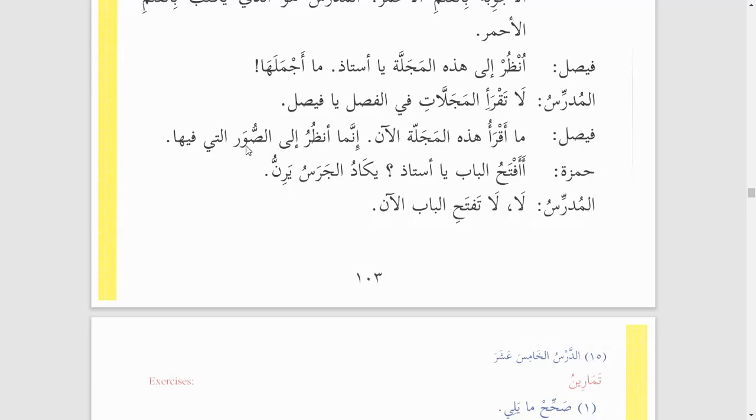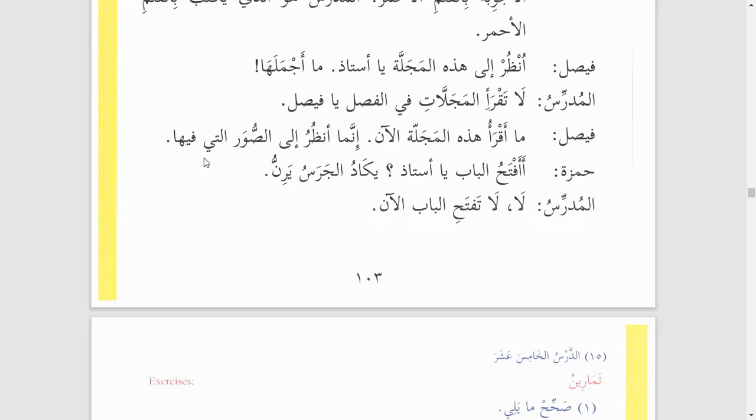So one picture will be suratun and many pictures will be suwarun. When we have al, then we don't have tanween, we know that. So ma innama anzuru ila suwari allati fiha, and allati confirms that this is the plural of things, feminine, irrational beings. So innama anzuru ila suwari, how will we connect majalla with it?